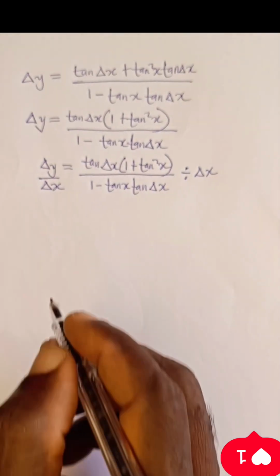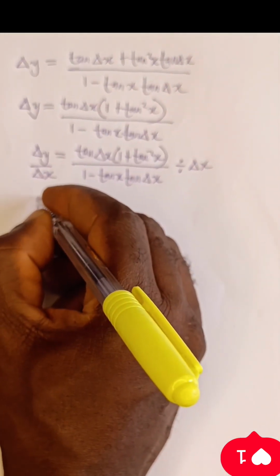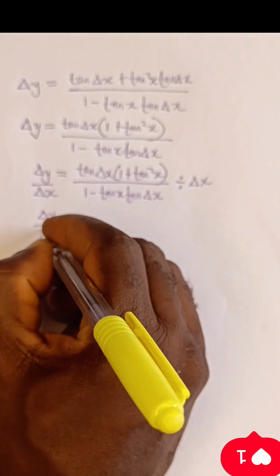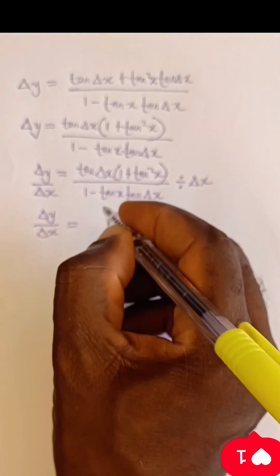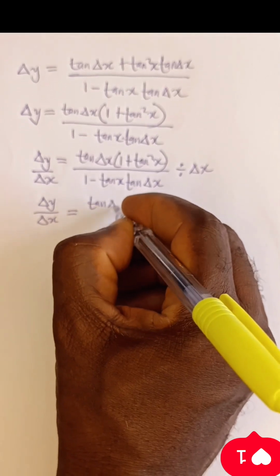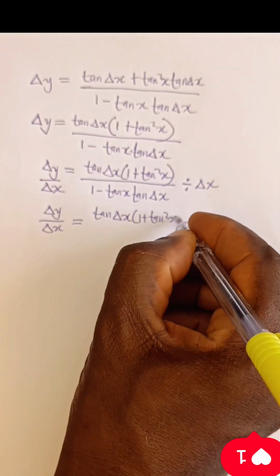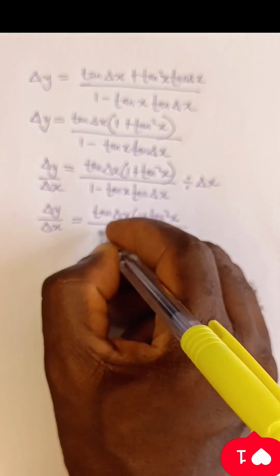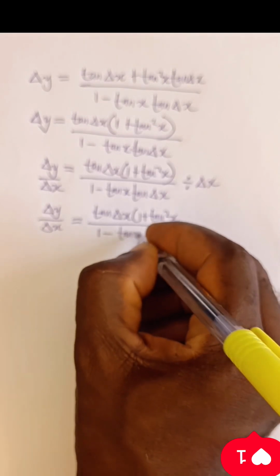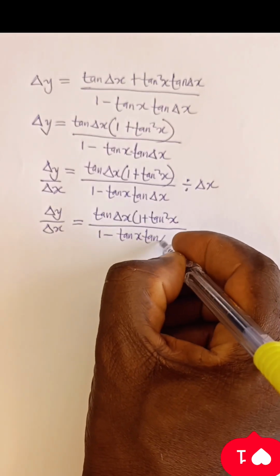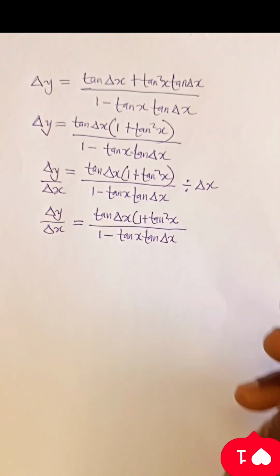If we have that, then change in y over change in x is equal to tan change in x into (1 plus tan square x) over (1 minus tan x tan change in x), divided by change in x.